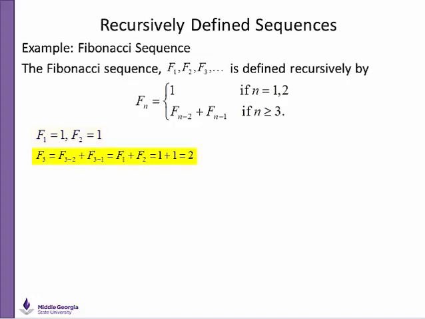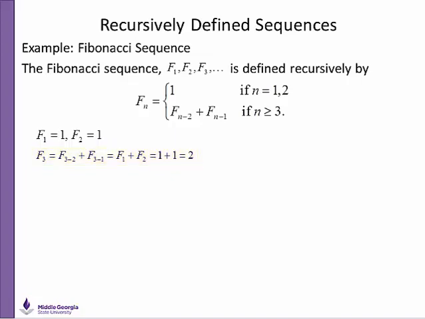And for f sub 3, we would have to use the recurrence part of the relation. f sub 3 equals f sub 3 minus 2 plus f sub 3 minus 1, substituting 3 for n, which is equivalent to f sub 1 plus f sub 2, which are known values of the sequence. Each is 1, so we get 1 plus 1 equals 2.